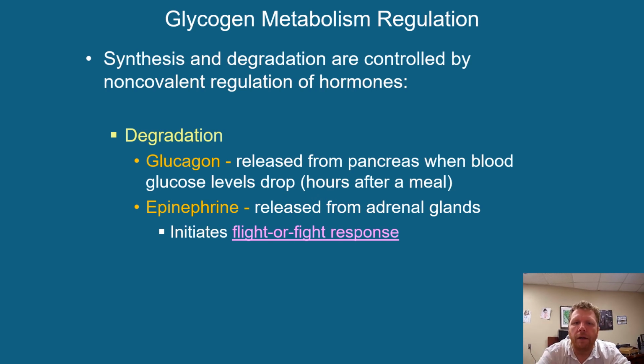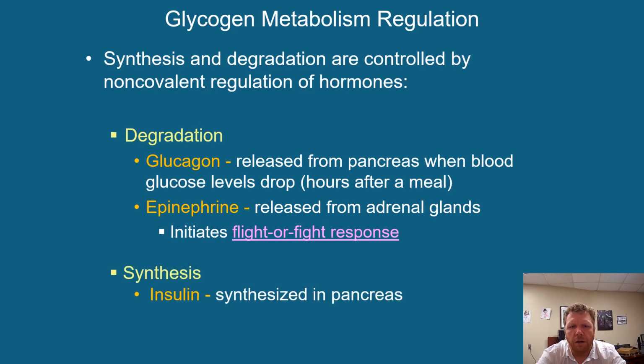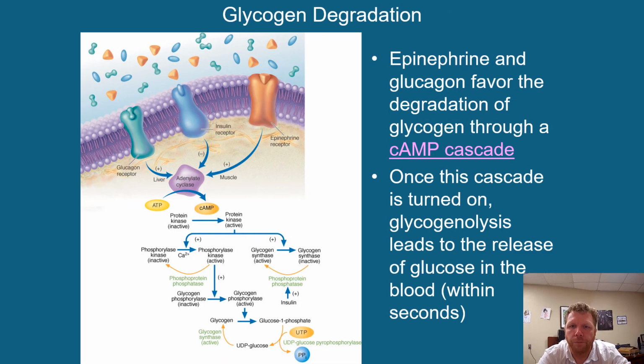Epinephrine is initiating a flight or fight response, and that's going to stimulate the degradation of glycogen, whereas insulin, which is synthesized in the pancreas, is going to stimulate the production of glycogen. It's saying there's enough sugar already in the blood, so let's go ahead and make glycogen. Let's store this glucose for later on.